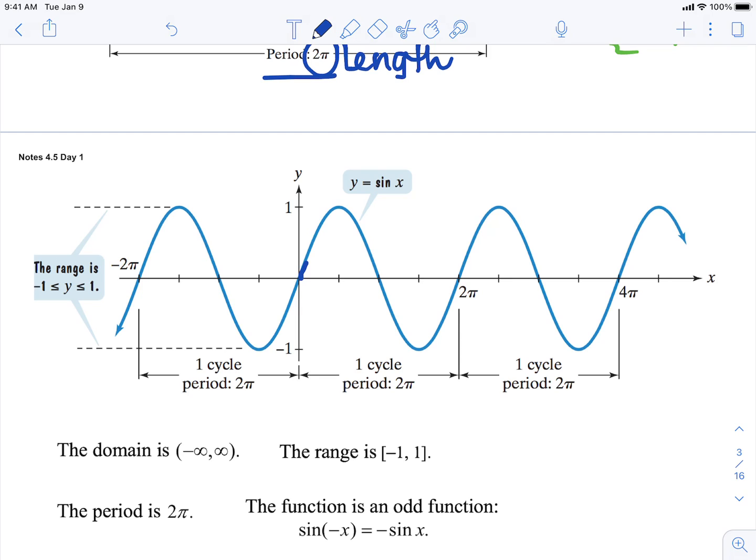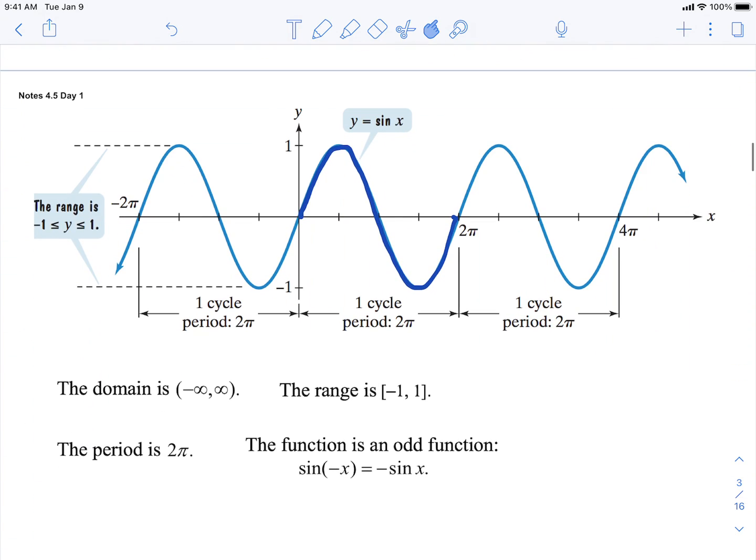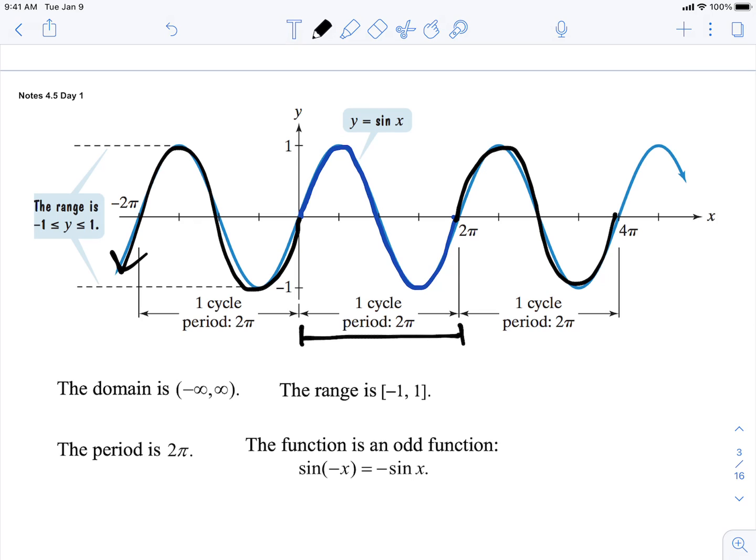So I'm going to highlight this first revolution, this first cycle that we drew on the previous slide. Now what happens is it just continues another revolution, backwards another revolution. So notice the distance between these is a period of 2 pi. The distance between these two is another 2 pi. The distance between these two is another 2 pi.